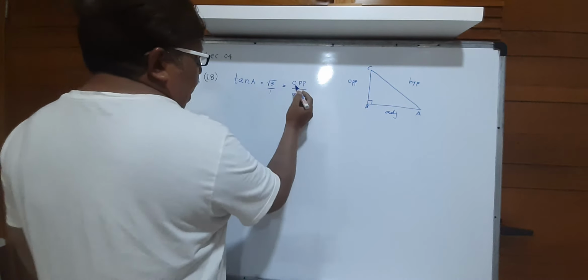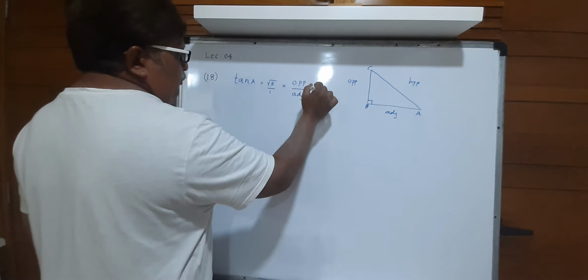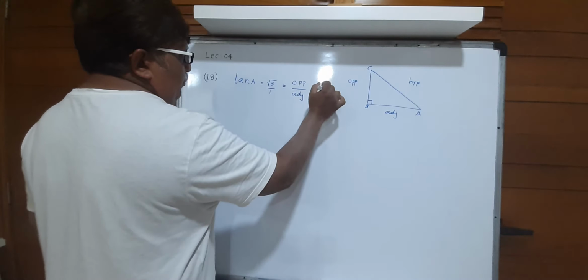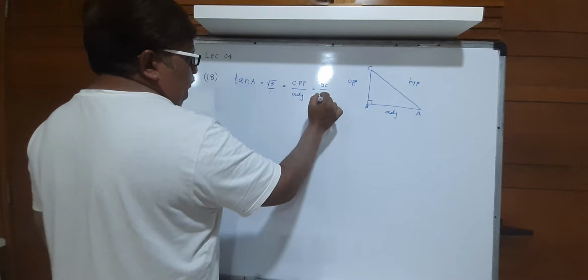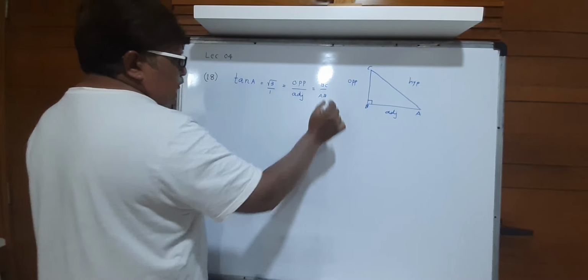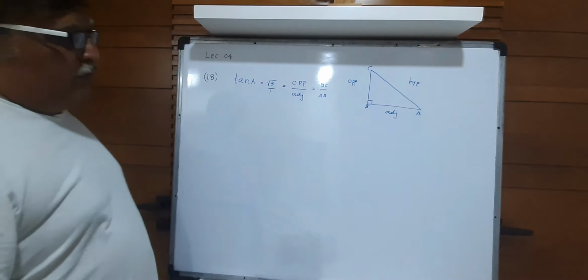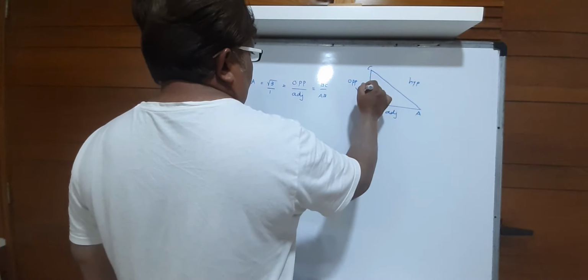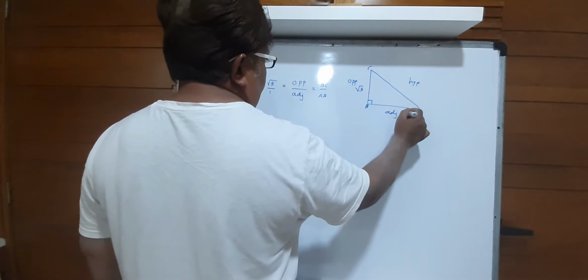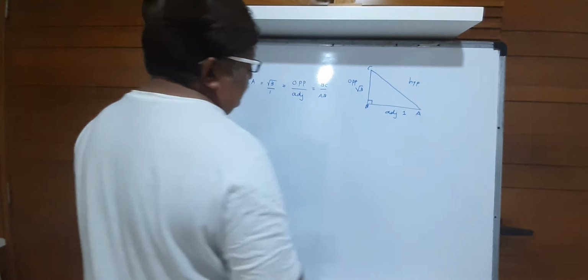Now, opposite means BC. Adjacent means AB. So you got two sides. Opposite you got root 3, and adjacent you got 1.